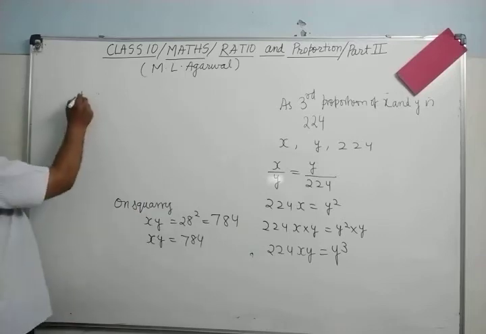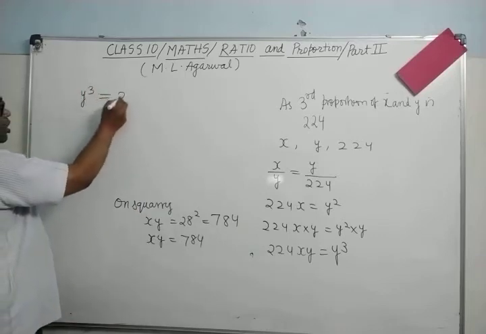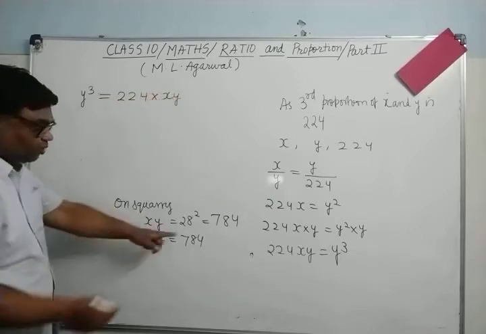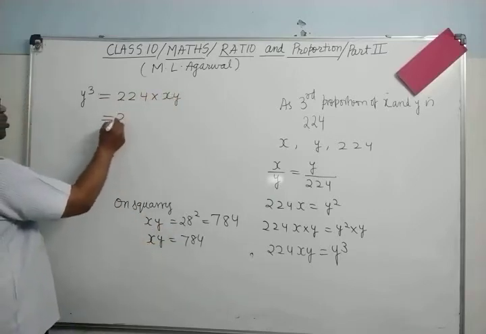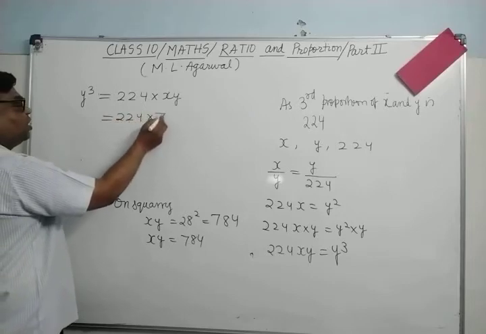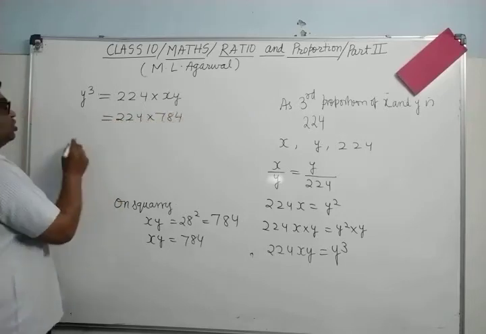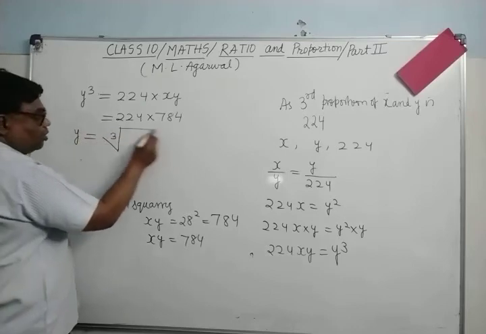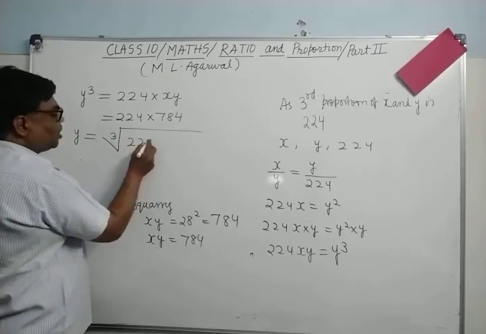So y cube equals 224 into xy. And what is xy here? 784. 224 into 784. So y will be the cube root of this product.